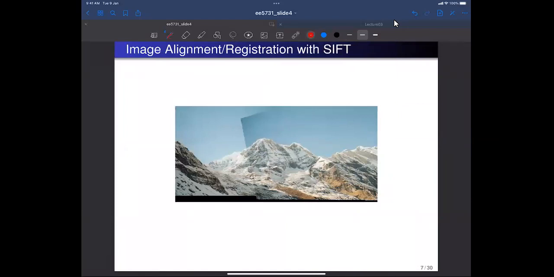And this is useful for having panoramic images or mosaicing or image stitching. And this one is actually your CA1. Your CA1 will be on image stitching.